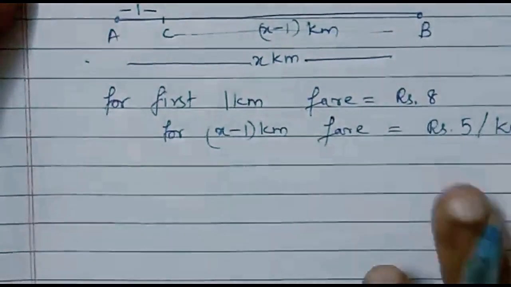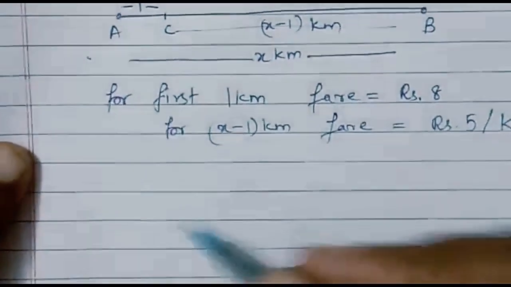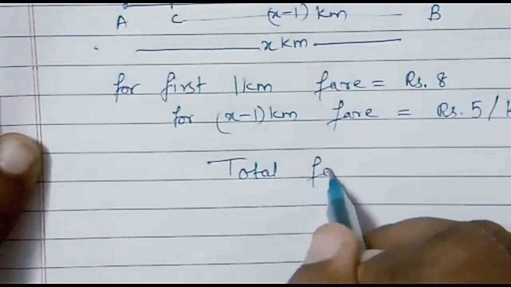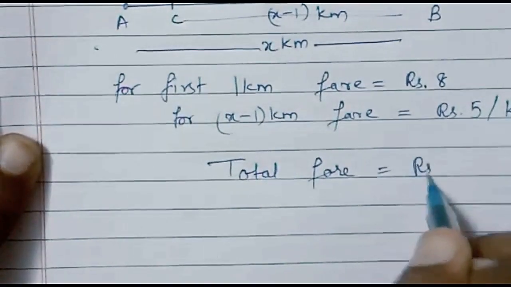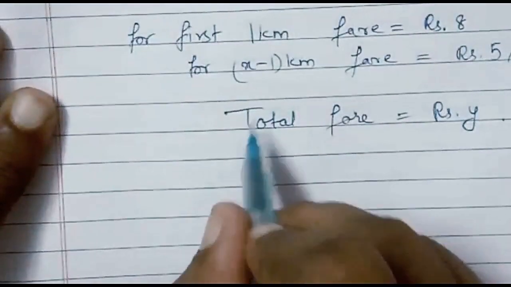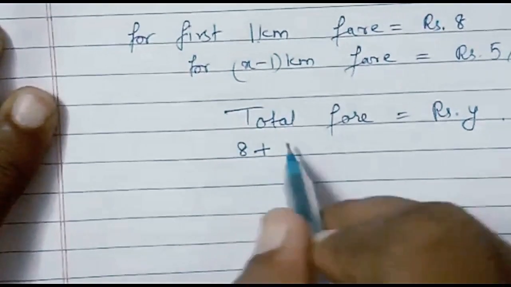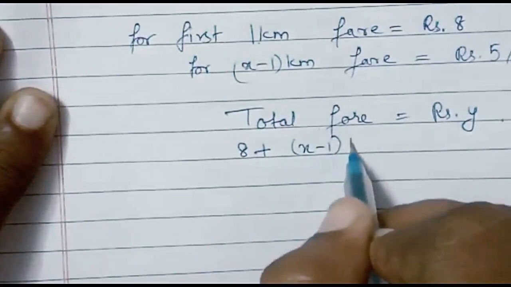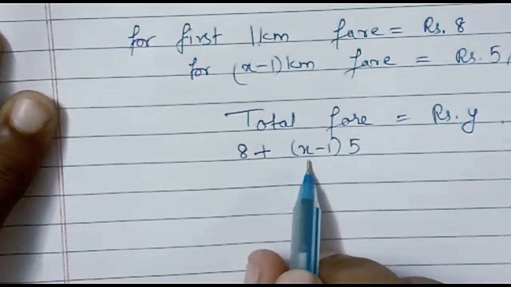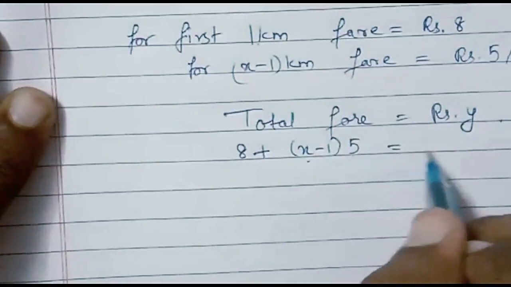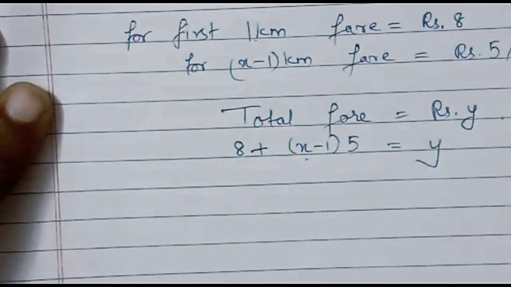So this is the cost for 1 kilometer, and so the total equation will be: total fare, which was rupees y, will be the fare for the first kilometer, that is 8 rupees which you have to pay, plus x minus 1 into 5, because the rest of the distance is left as x minus 1 kilometer, into 5 rupees was the cost, and the total amount paid is y.